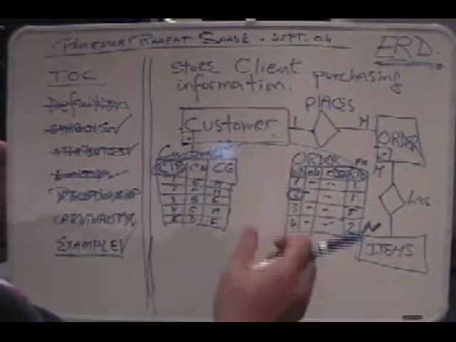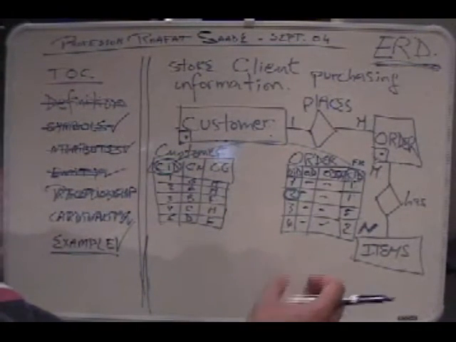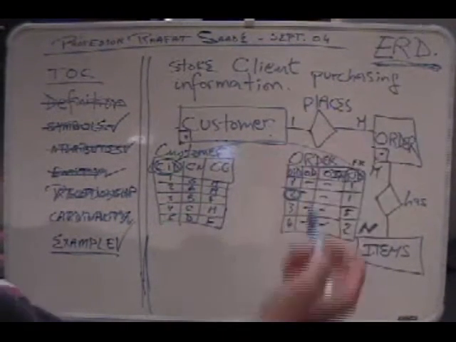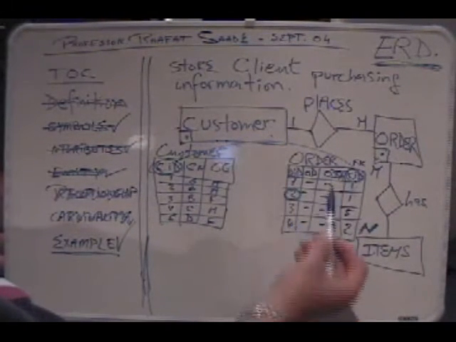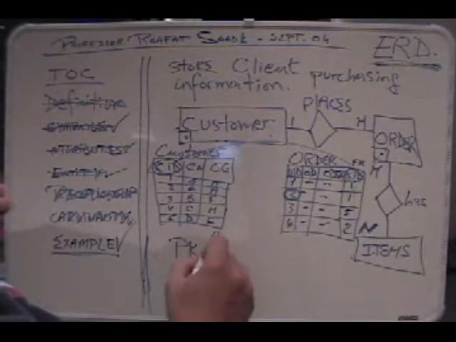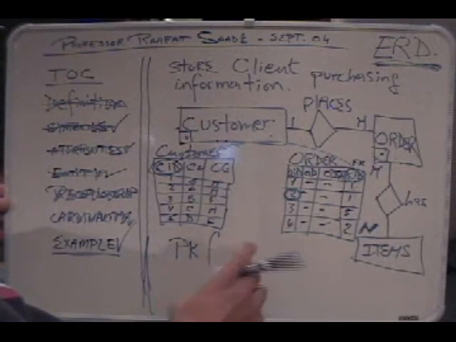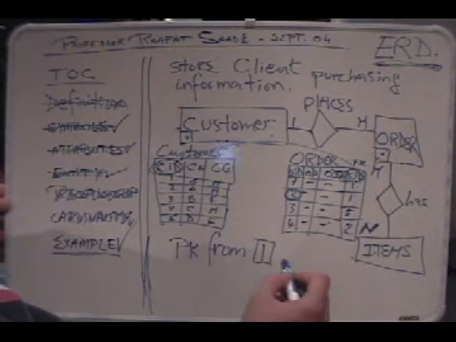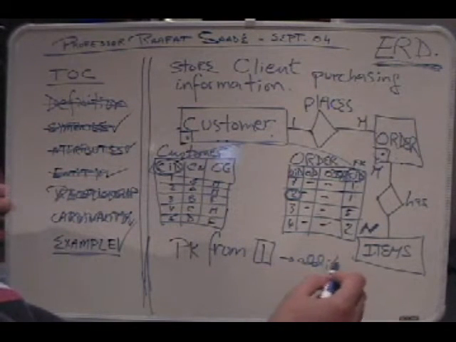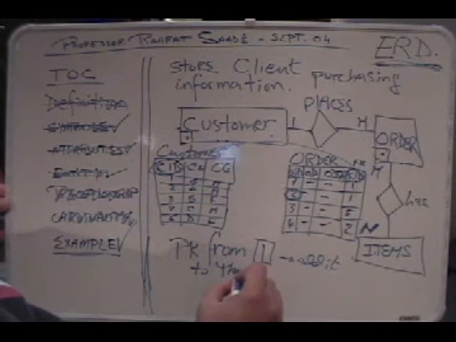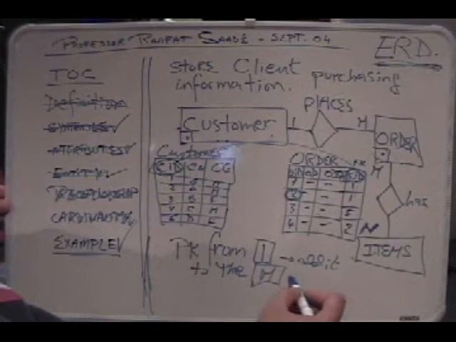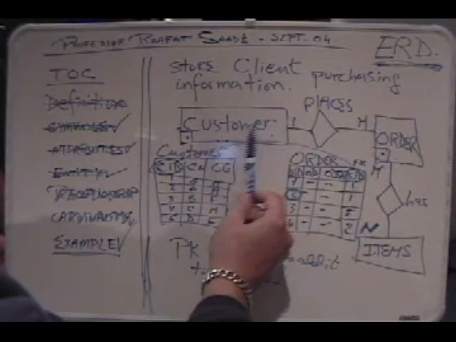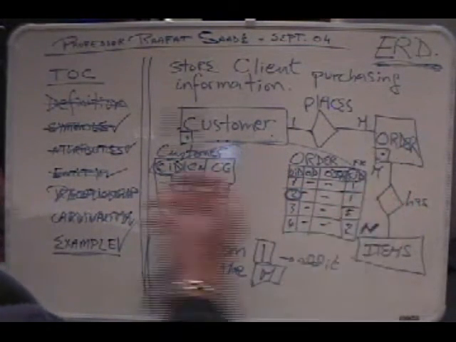Now be careful. As a rule of thumb, if you don't understand it contextually and logically, always in a one-to-many relationship, you always take the primary key from the one side of the relationship and add it to the entity on the many side of the relationship.